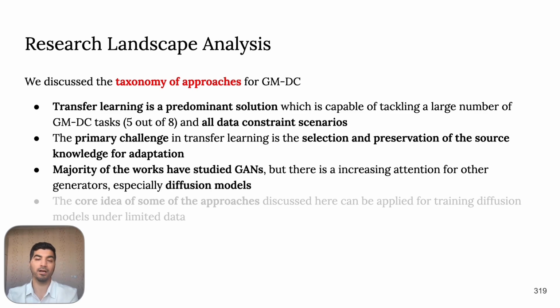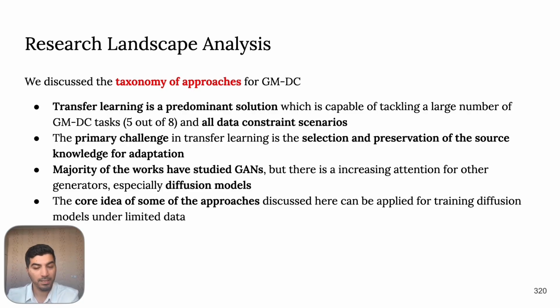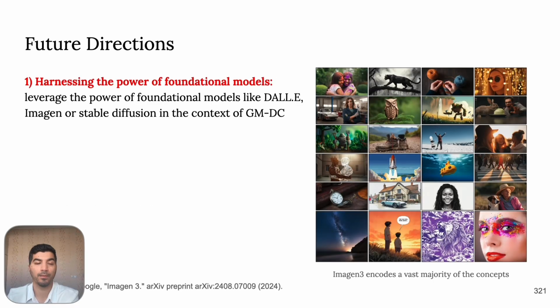And the majority of the works have studied GANs, but we can see more and more works are exploring training diffusion models under data constraints. An interesting thing is that the core idea of some of the approaches explored for GANs can be adapted for diffusion models.